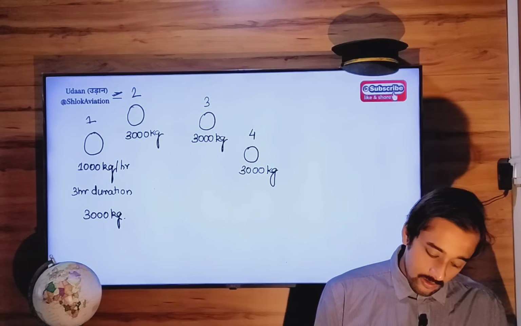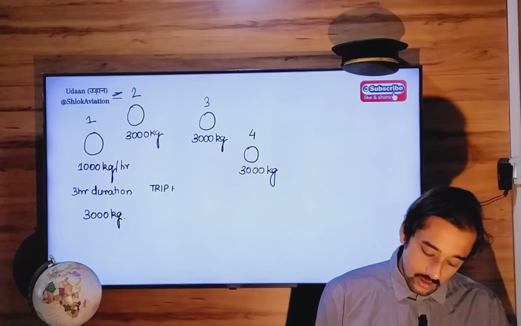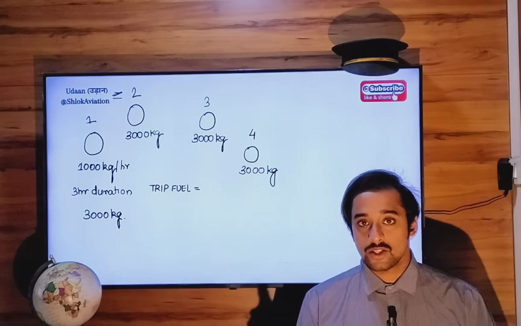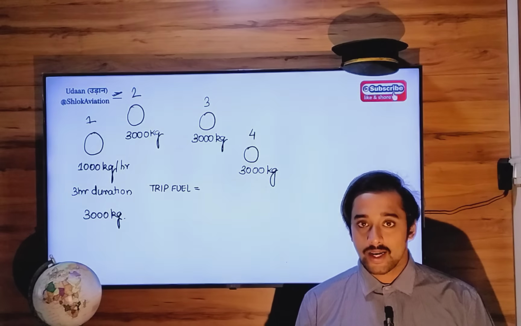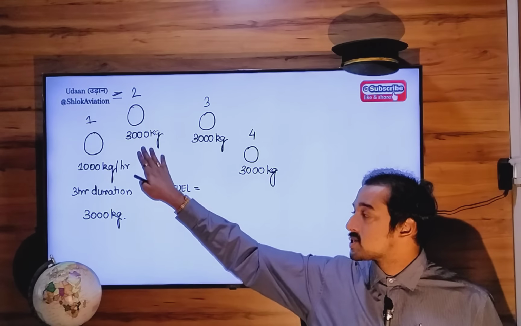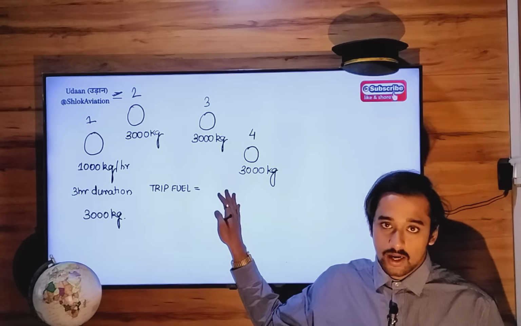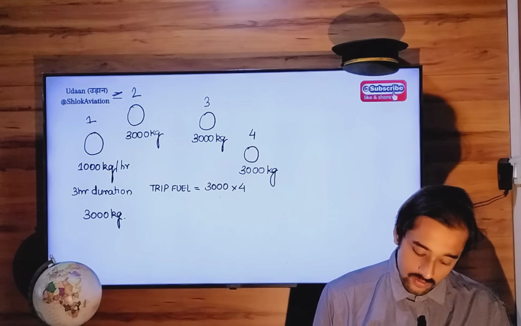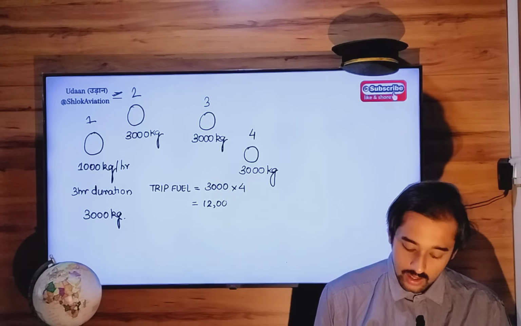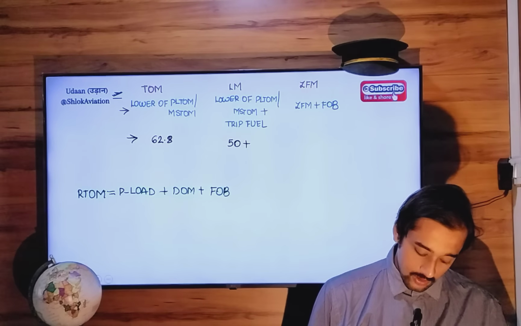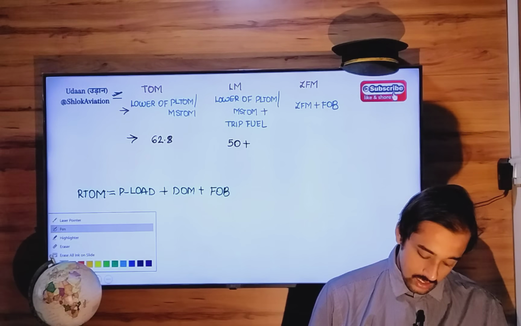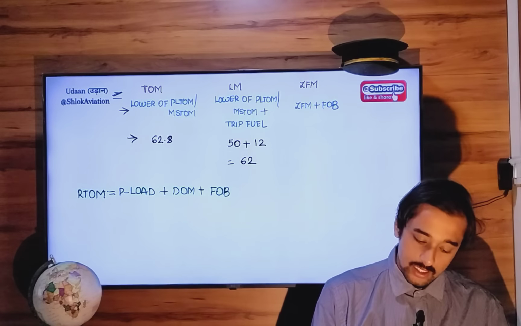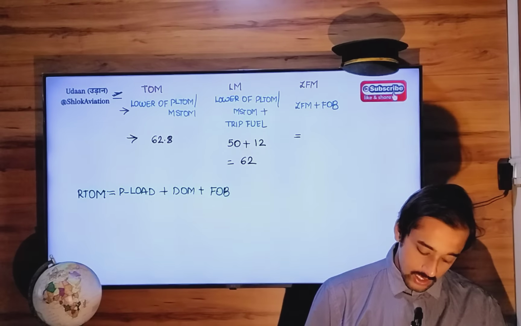Now your trip fuel will be equal to total fuel consumed by all four engines for that duration of flight, which will be 3000 plus 3000 plus 3000 plus 3000. So 3000 into 4, which is equal to 12,000 kg. So add 12,000 here and you get 62.